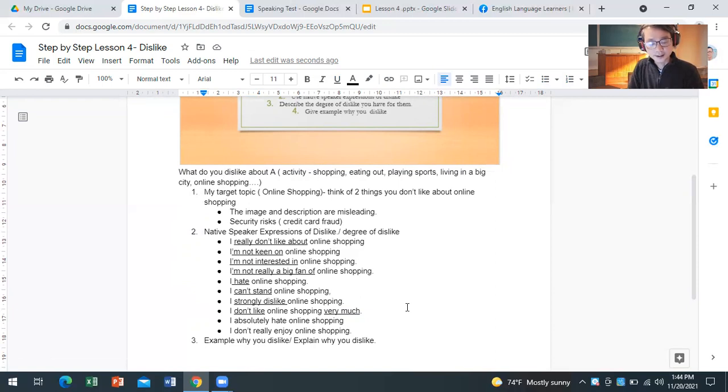So the first one, I want to say that the image and description, sorry for my typing, may not match, maybe, or misleading.